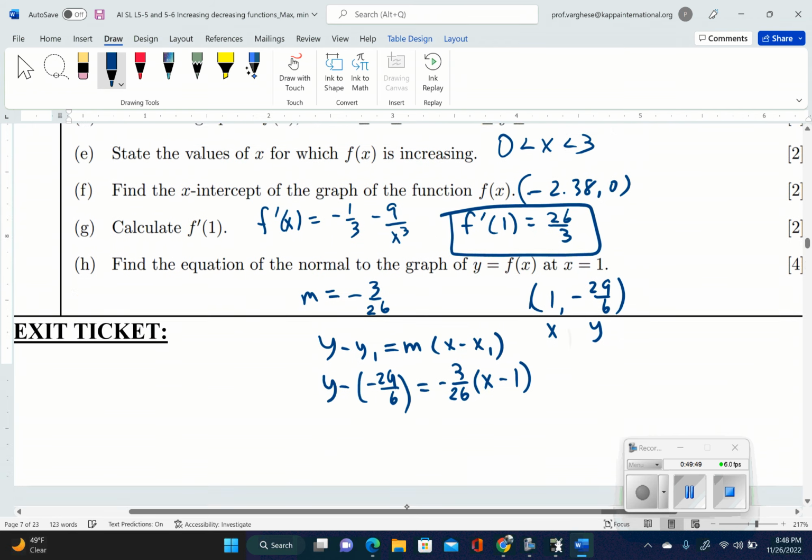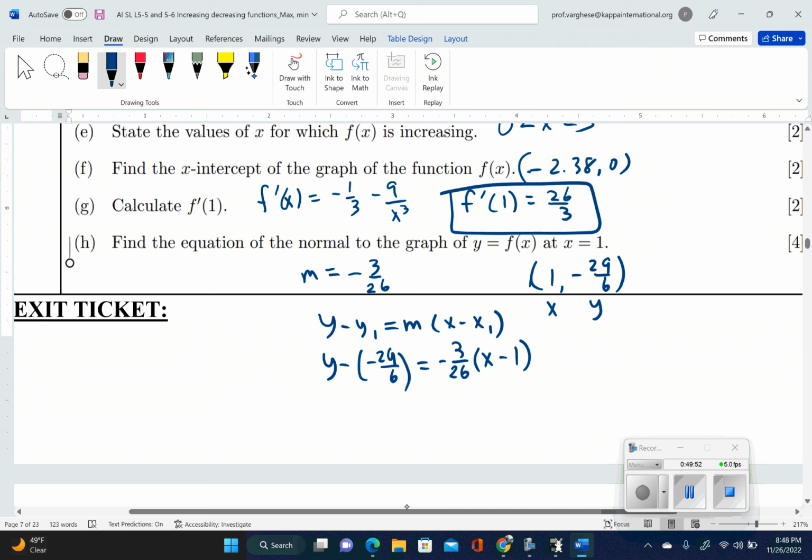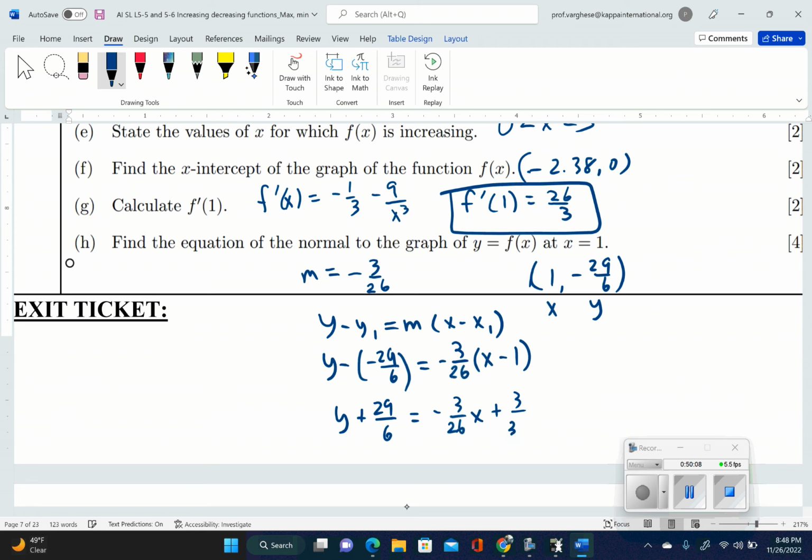So I could write this a little bit better. So I have y, negative negative is a positive, 29 over 6 is equal to, if I do distributive property here, I get negative 3 over 26x. Negative negative is a positive, so plus 3 over 26. Okay, so I have that.